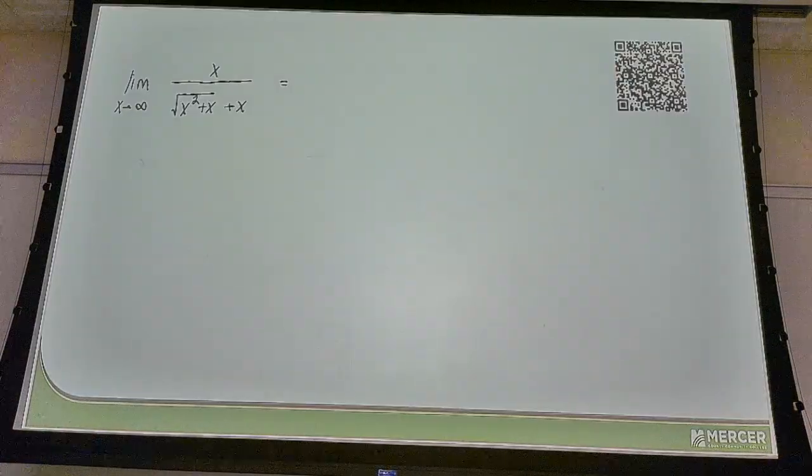So it's fine on a test if we just point to it and say this grows at the same rate, unless I ask you to show algebraic justifications, like I did on the first test.